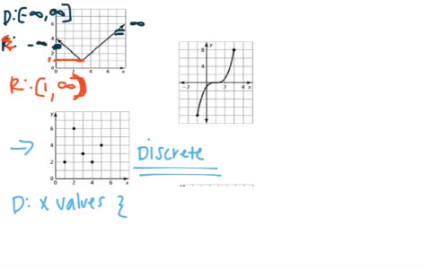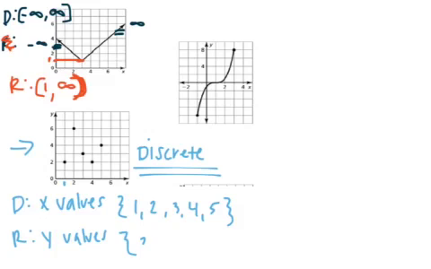So I have one at 1, at 2, at 3, at 4, and at 5. And then the range, remember these are the y values of those ordered pairs. And so the y values are 2, 3, 4, and 6. Right, there's something at 2, at 3, at 4, and at 6. That's where there are ordered pairs right across from them.